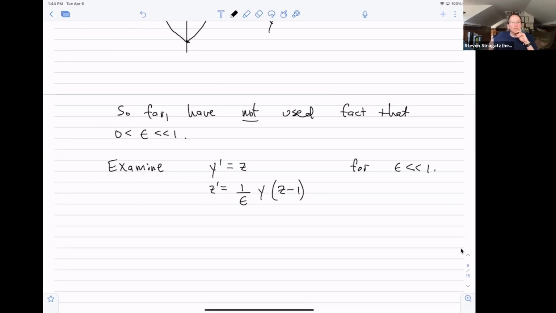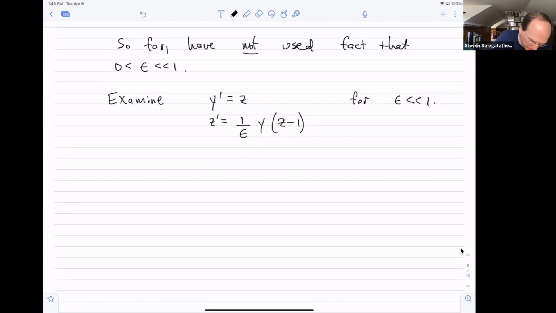So think about this for very small epsilon. What you should observe is that there are 2 time scales, depending on where you are. Again, I'm thinking of x as like time. They're very different, or x scales if you prefer to think of it that way. So what am I saying? Consider 2 cases.